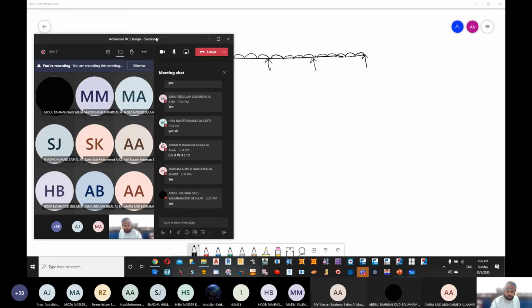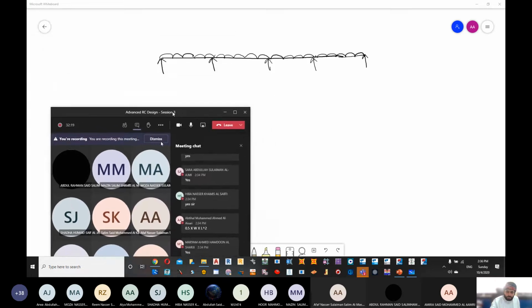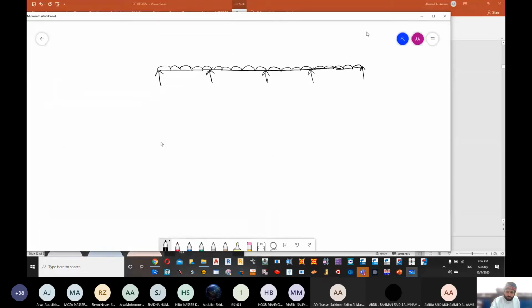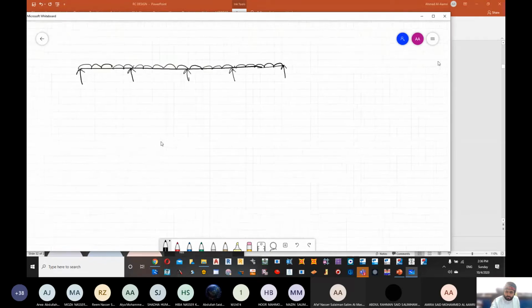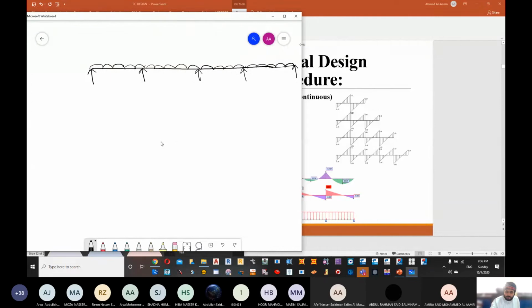So, the bending moment with a UDL. Now, do you know how to draw the bending moment diagram for this particular sheet?